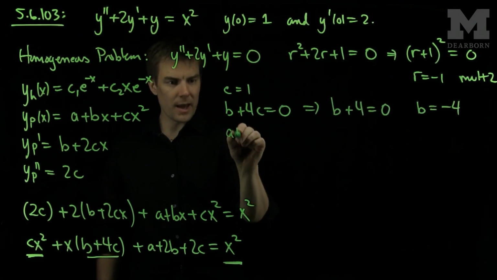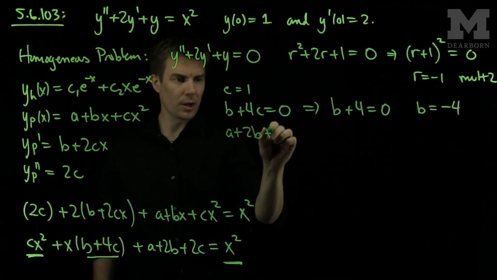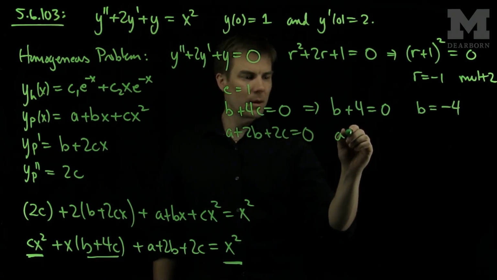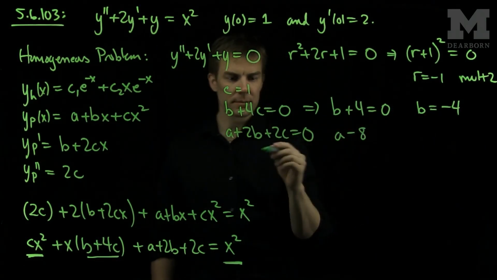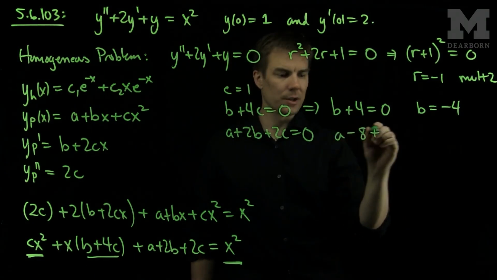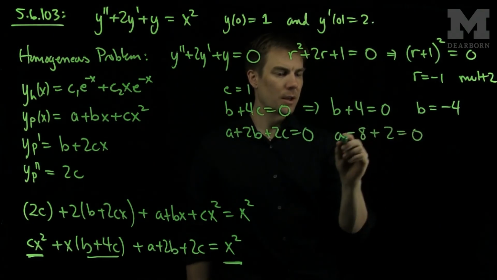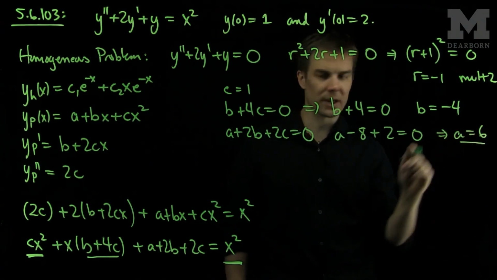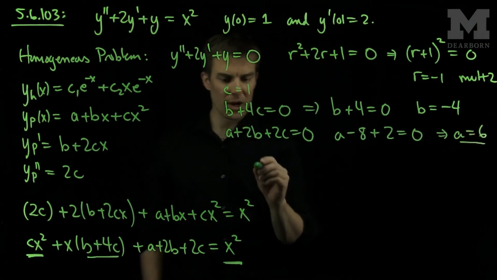And finally, I want a plus 2b plus 2c equals 0, which tells me that a minus 8 plus 2 equals 0. That would be -6, so that tells me that a is equal to 6. So we have the solution of our problem.